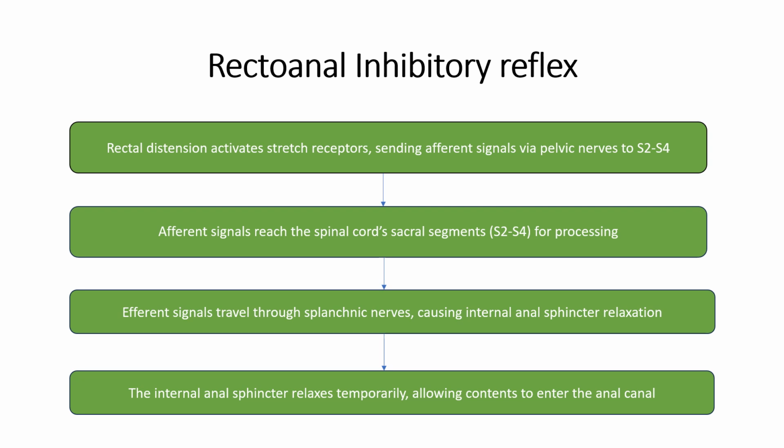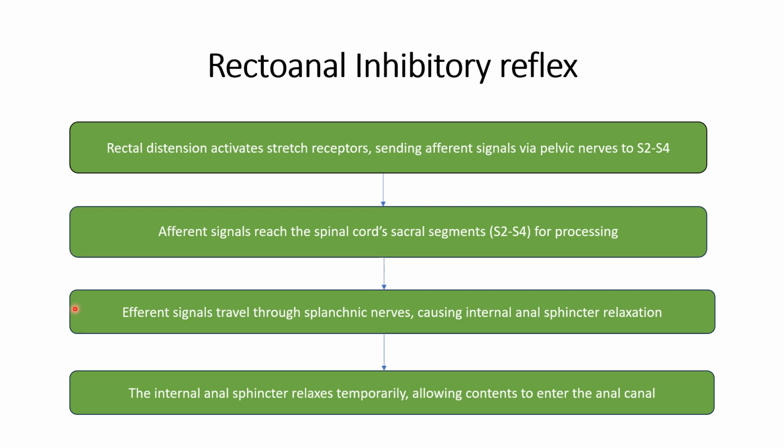Let's break down the rectoanal inhibitory reflex in more detail. When the rectum stretches, the stretch receptors are activated. These receptors send afferent signals via the pelvic nerves to the sacral segments of the spinal cord. The sacral segments, which is S2 to S4, process the afferent signals and prepare to initiate a response through the autonomic nervous system.